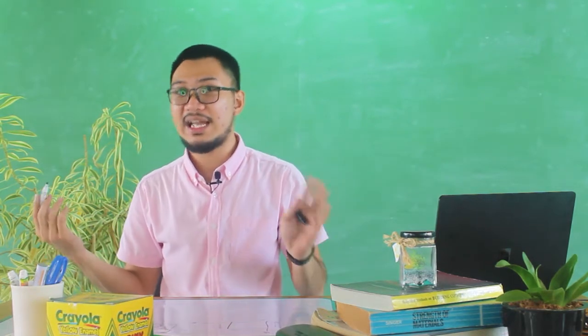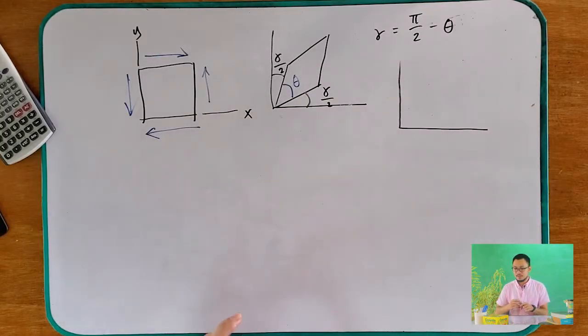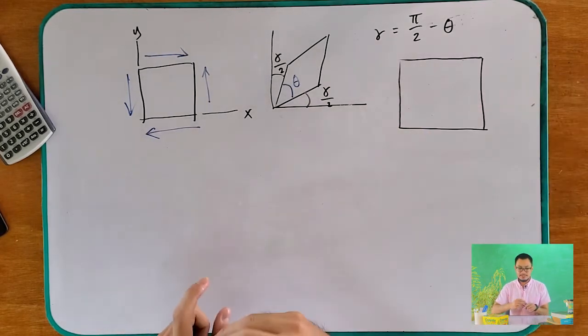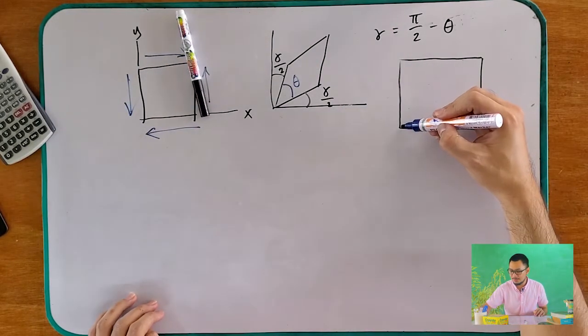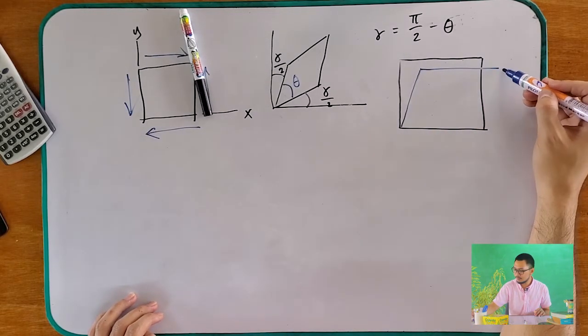But we have another kind of solution for us to solve gamma a lot easier without using degrees and converting it into radians. Let's have an example. I have this block, and this block is subjected to shear. So what happened to the block is that it deformed like this. And in this case, where is your gamma?